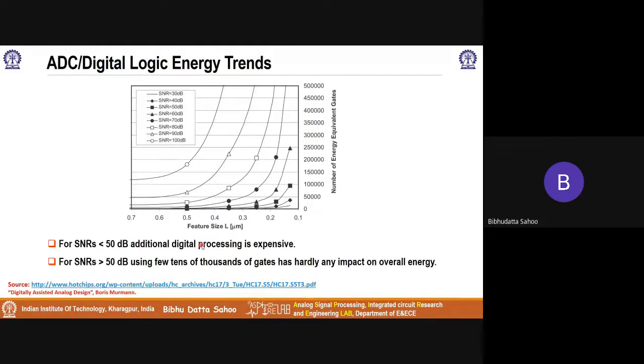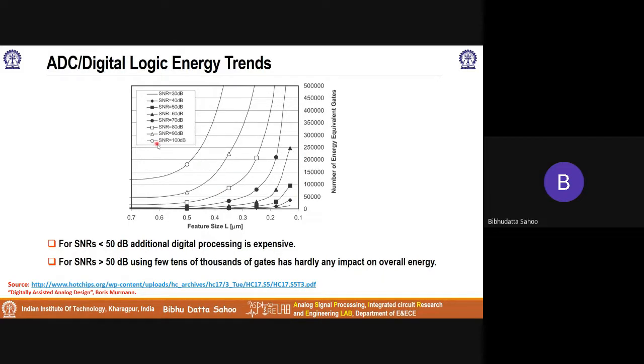Okay, so this is another interesting plot which shows that as the feature size reduces, with feature size on the x-axis, these are for various SNRs. This is an SNR of 100 dB. So what does this plot say?